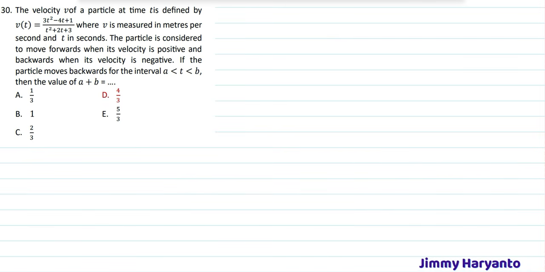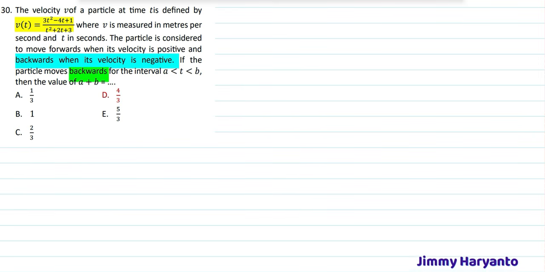And the last one is question 30. First, we have to take a look at the functions, and then this sentence, backwards when the velocity is negative. The question wants you to find the interval of the time when the velocity is negative, backwards.